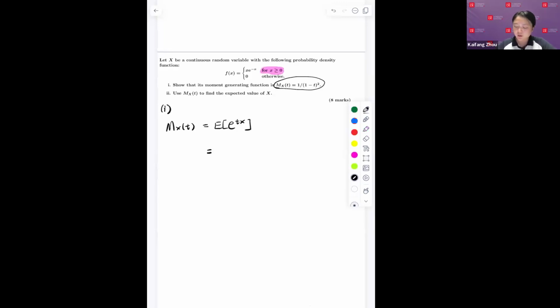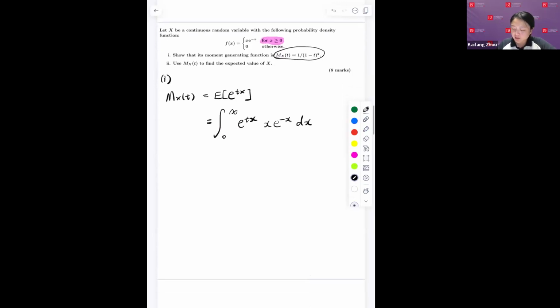This means we need to use the integral to compute this expectation. It is the integral from 0 to infinity of e to the power tx times the probability density function, which is x e to the power minus x dx.